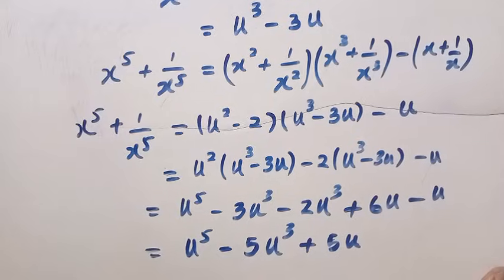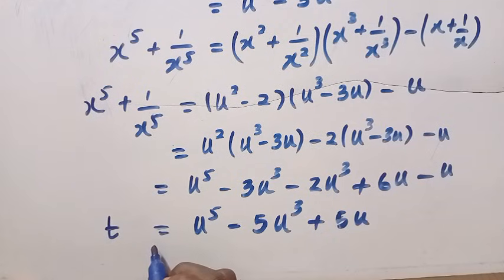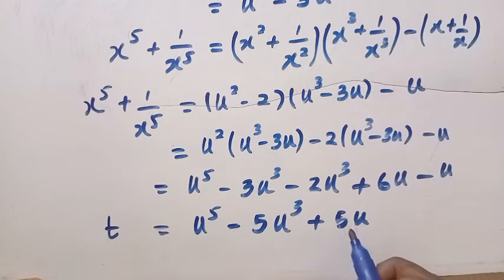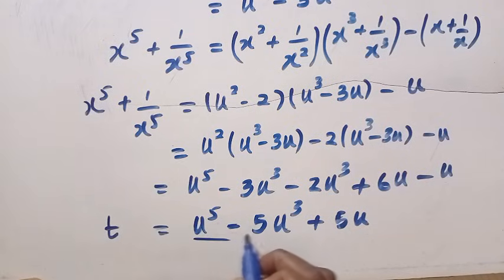Then assume I let the whole of this be equal to t, because x power 5 plus 1 divided by x power 5 is this, that is the domain. If I change everything to t, our new domain becomes u power 5 minus 5u power 3 plus 5u. And let's solve further.